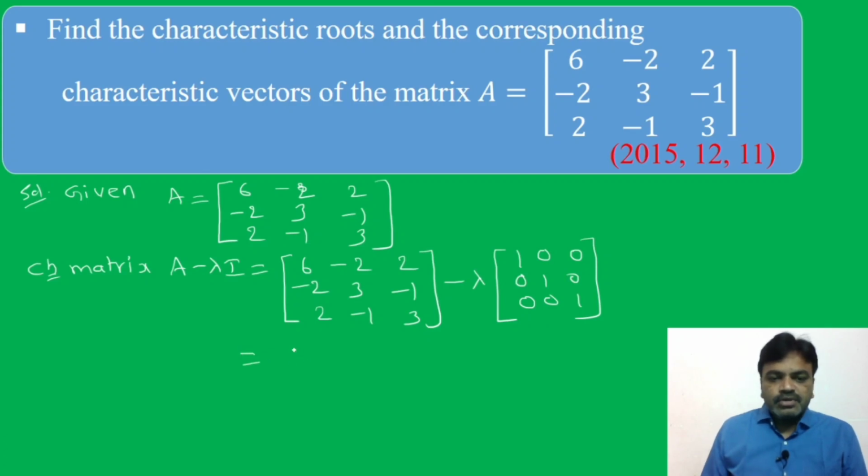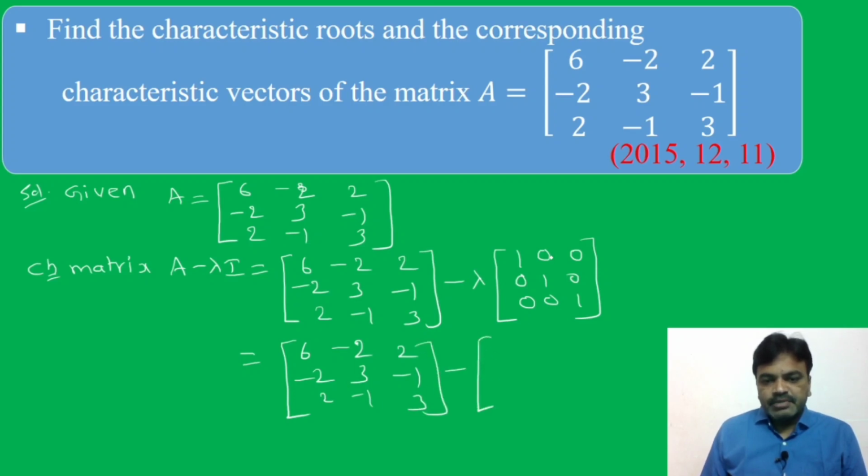Simply multiply with lambda: lambda into 1 is lambda, and the other entries are 0.